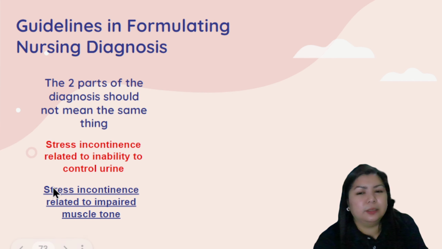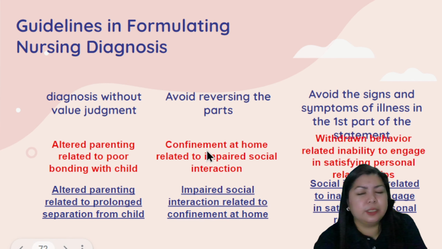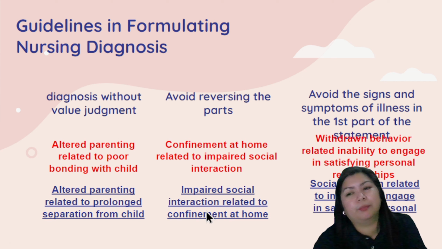Take note that when you write your nursing diagnosis, you start with the problem, not with the etiology. So here, confinement at home related to impaired social interaction. The cause of the impaired social interaction is confinement at home. So that format should follow problem, impaired social interaction, plus your etiology, which is confinement at home.